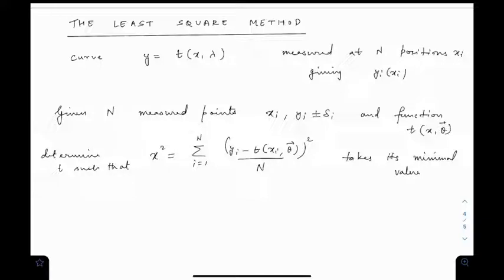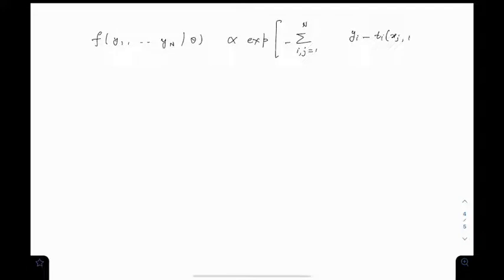In such a case, we can write down the PDF of the measurements as being proportional to the log likelihood.